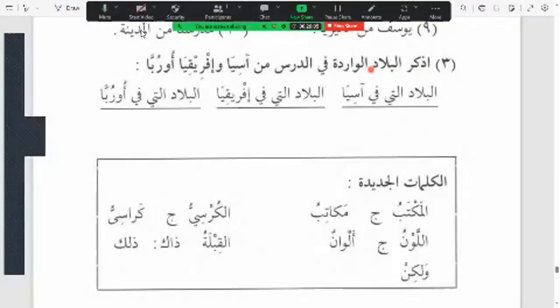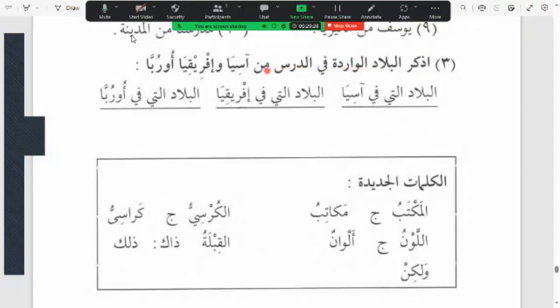We learned about various countries in the passage. They're given here, these are given in the lesson.